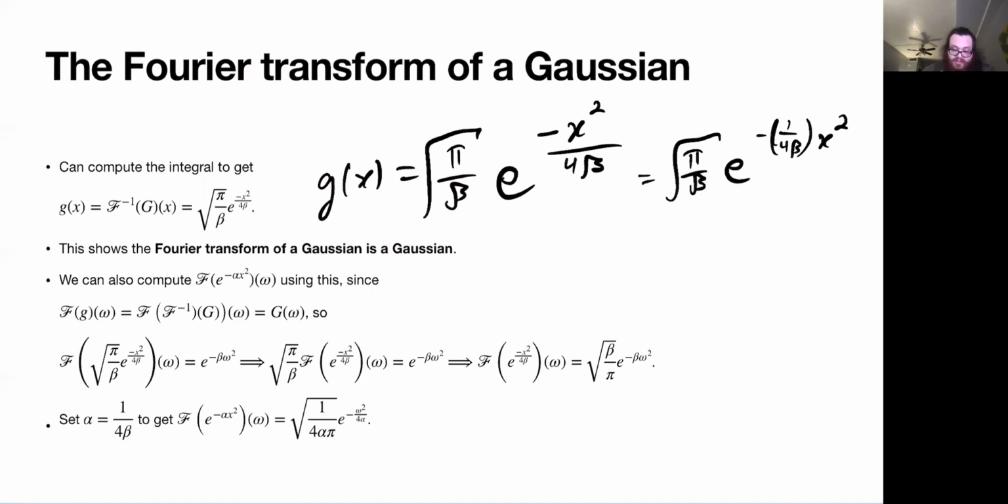And so the observation is, well, right, the inverse Fourier transform of the Gaussian, this little g of x, is also a Gaussian, right? Because sure, we have some constant in front, and then we have an exponential of minus some constant times the argument squared, which already is interesting, right? So if you apply this Fourier transform to this family of functions that are Gaussians, you're going to end up with another Gaussian.